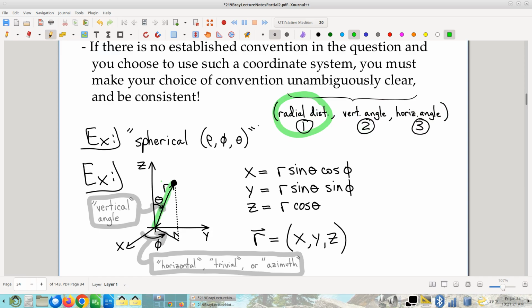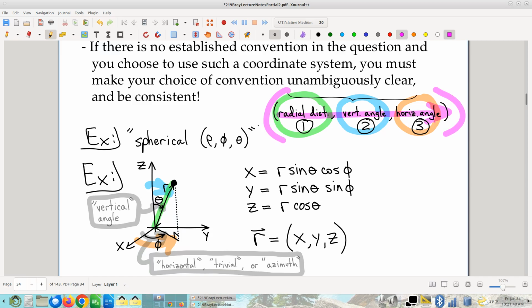That's what Kali calls rho. Second, what we're going to call the vertical angle. So what Kali calls phi. And then third, what I call the horizontal angle, which Kali calls theta. So it's specifically in that order as listed here, and then in parentheses.